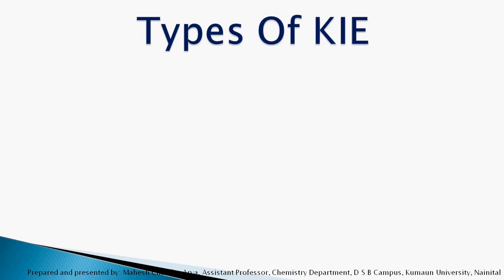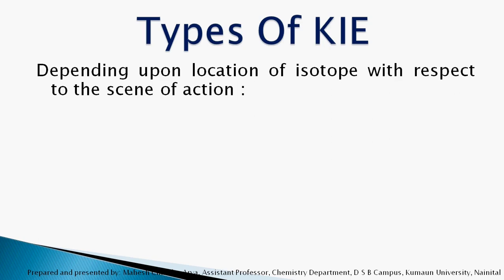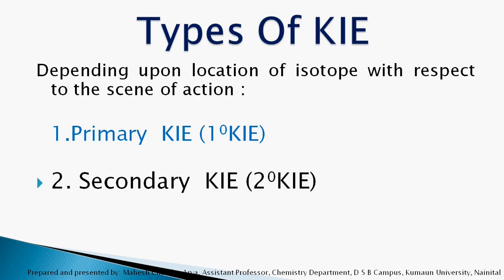Magnitude of KIE depends on whether isotopic substitution has been made on the bond which is undergoing cleavage, or isotopic substitution has been made somewhere in the vicinity of the bond undergoing cleavage. As I told, depending upon the location of isotope with respect to scene of action, magnitude of KIE changes. Accordingly, there are two different types of kinetic isotope effects, namely primary KIE and secondary KIE.